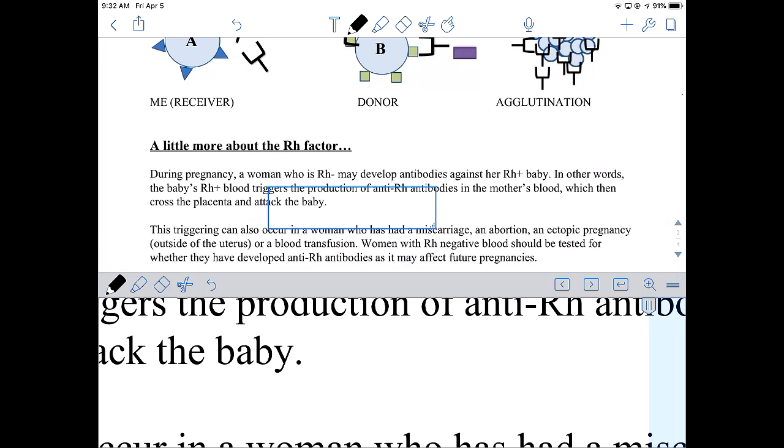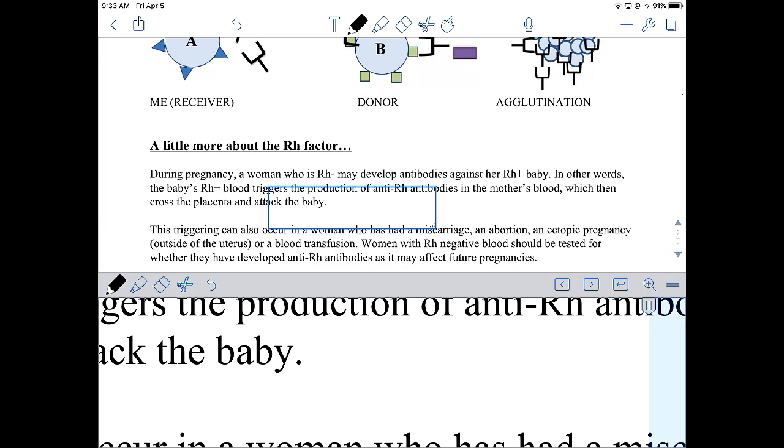So if you have an Rh negative mother, we usually use circles for moms, and an Rh positive father, together they have a chance of producing children that have either Rh positive or Rh negative. So they can have Rh positives.